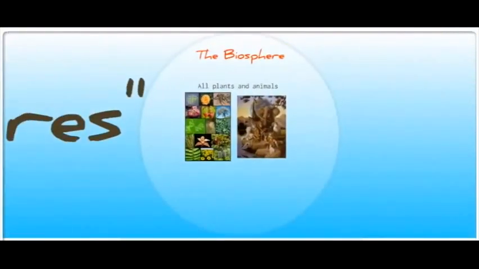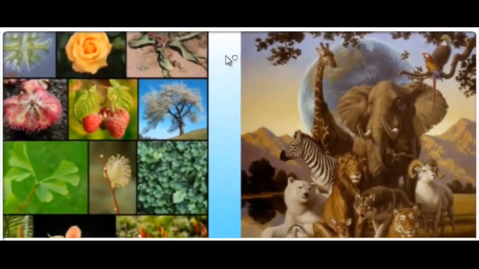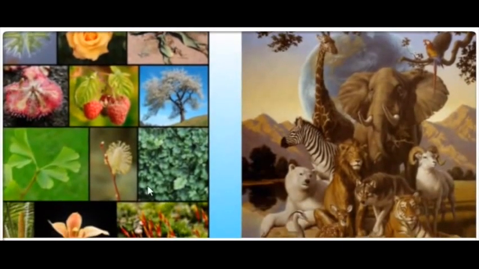Now, the biosphere. Since we're talking about soil, let's transition right into plants and animals. Biosphere is all the plants and animals in the world. All these different plants, all these different animals, and of course we see as a wonderful backdrop the soil, which we just talked about as the lithosphere. Okay, that's how these things are kind of connected.